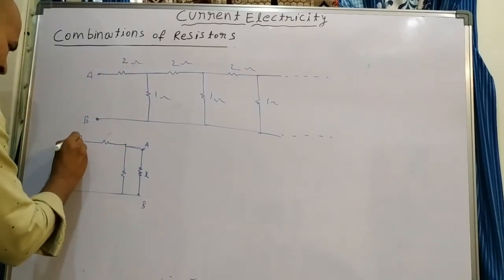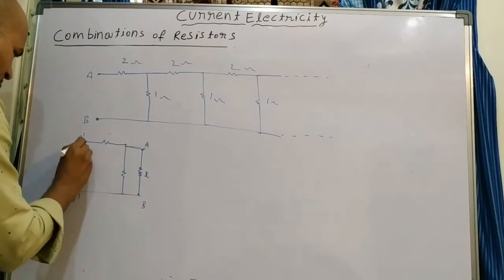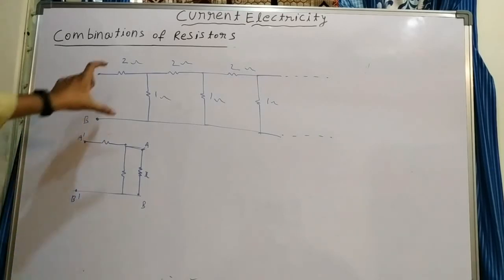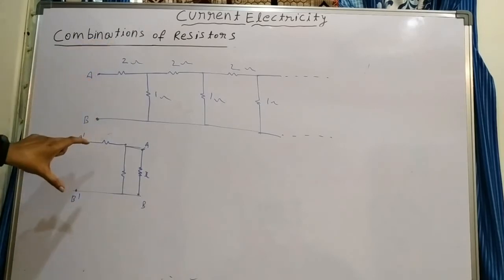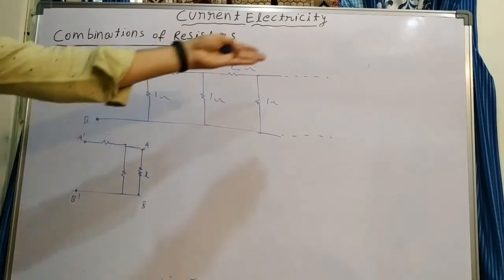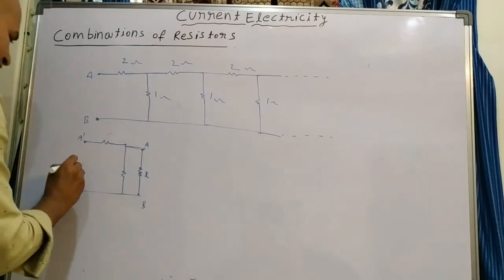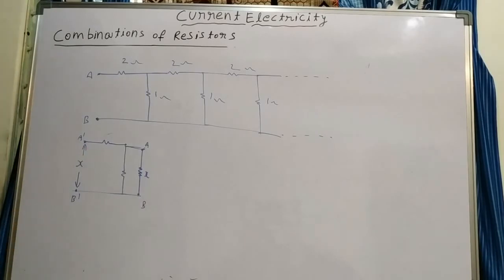You can think A dash and B dash. Between these 2 points, what is the resistance? Again you get X only. Why? Because on adding one sample or removing one sample, there is no change in the resistance, because it already has infinite samples, an infinite ladder. So this resistance here also we get as X. These values 2 and 1.